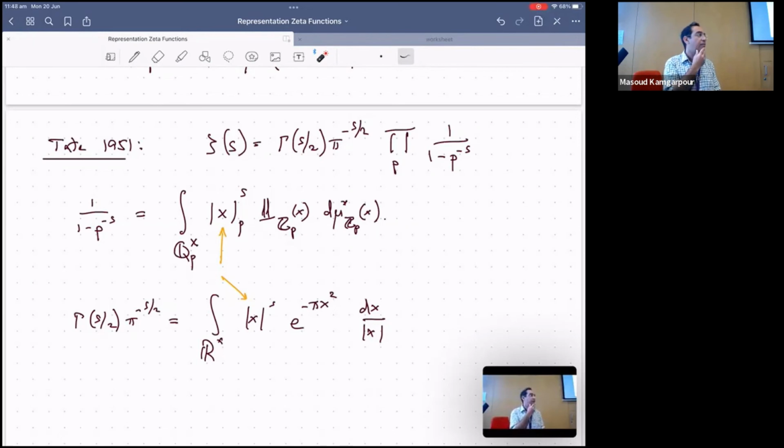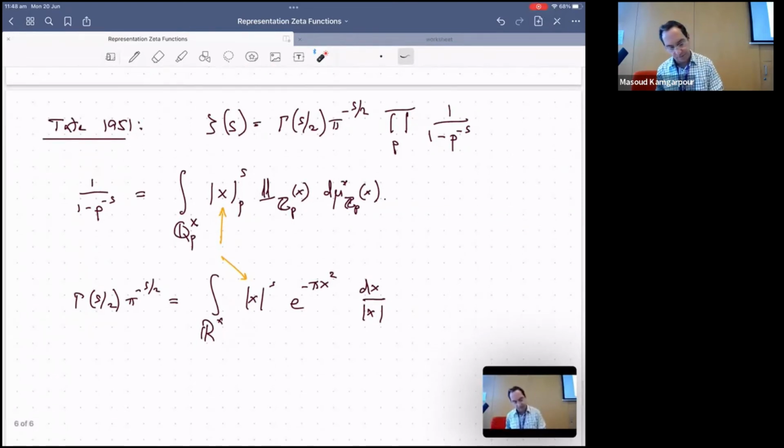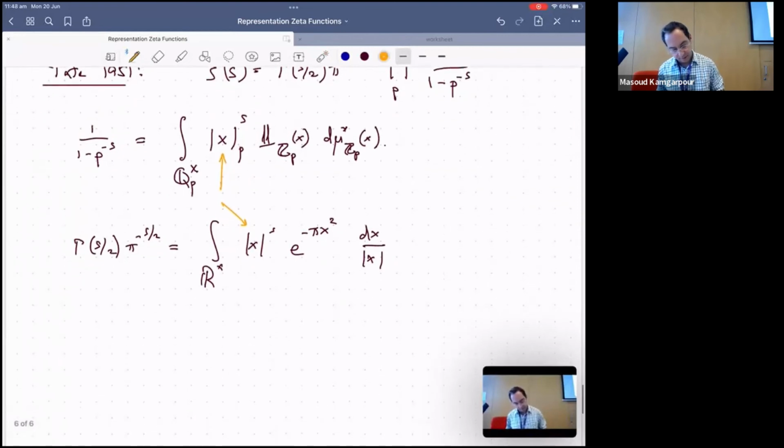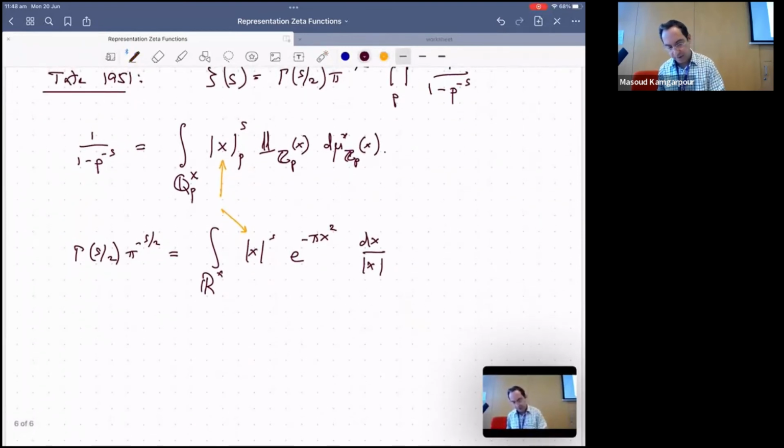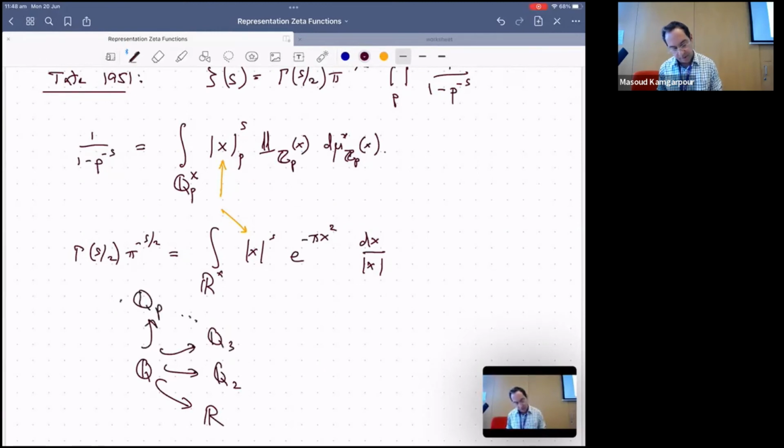I will say more about that, but what I wanted to emphasize is that you have here two different worlds. You have the real numbers. So if we're looking now at Q, we have the real numbers, then we have Q2, Q3, and so on, for all these completions.